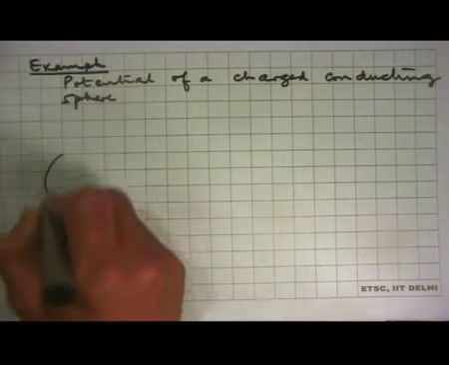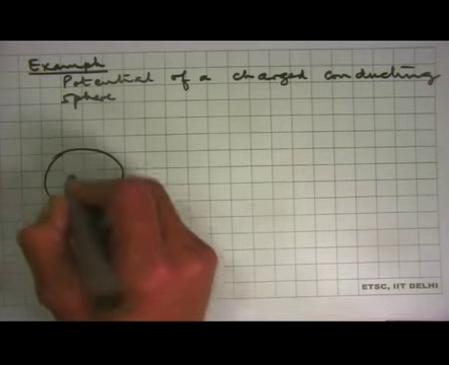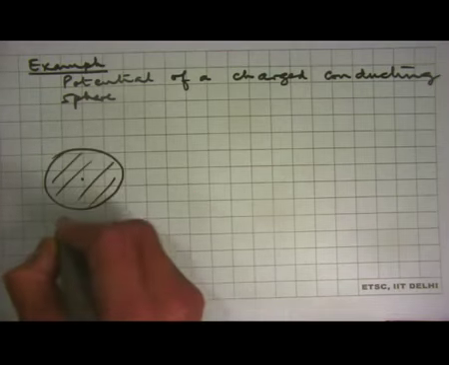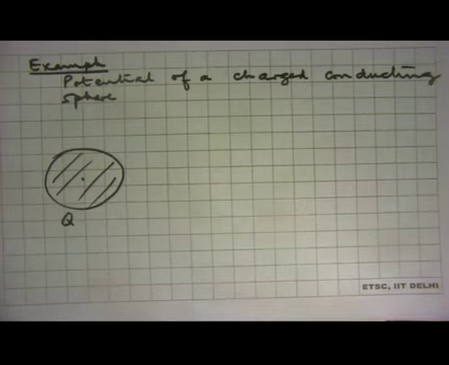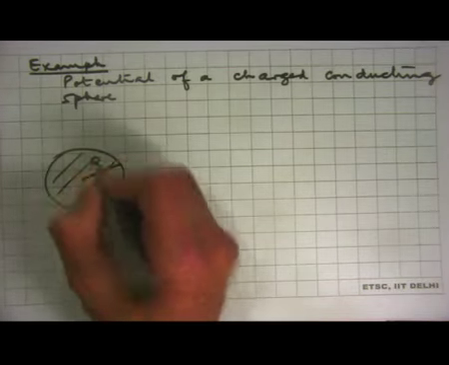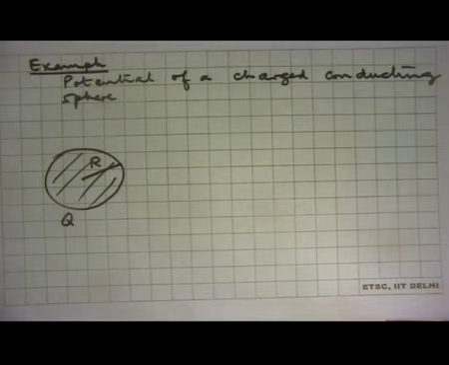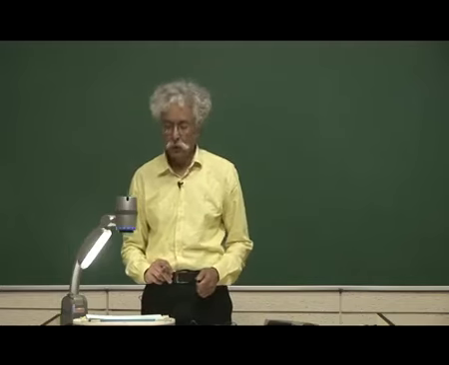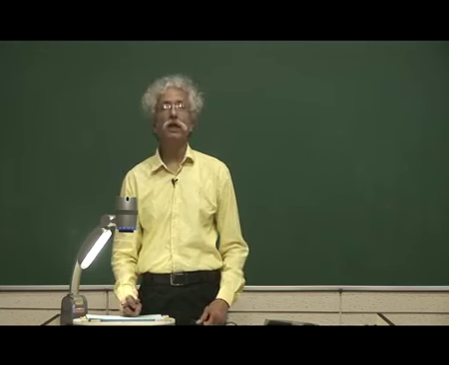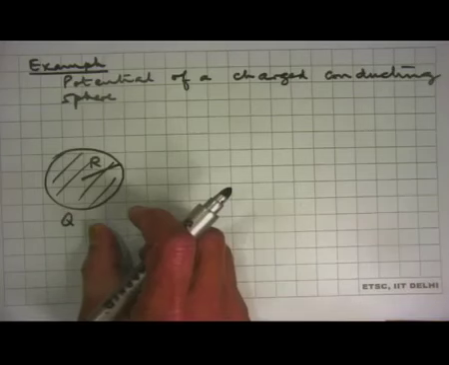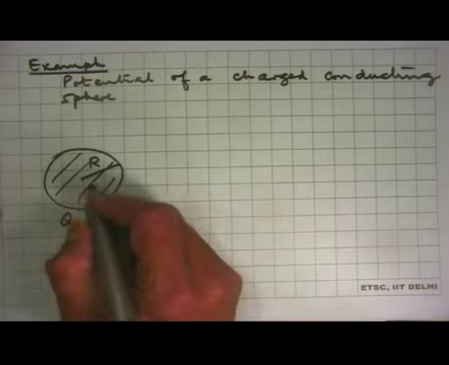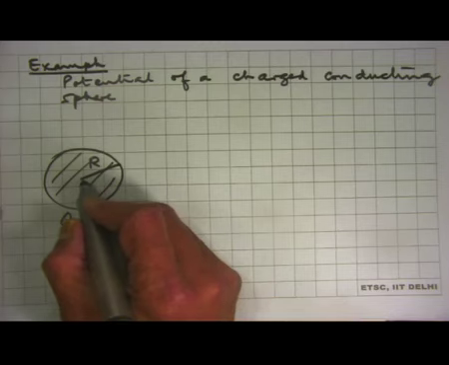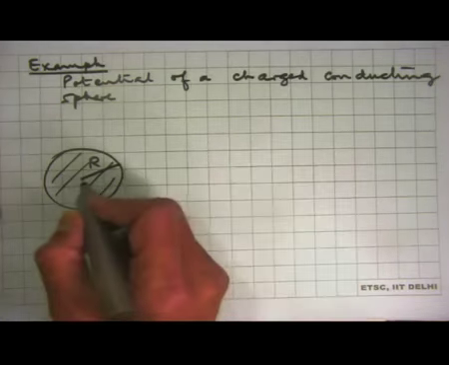I have a sphere which is a conducting sphere, and it has an excess charge q put on it, and let R be the radius of the conductor. We have actually shown before that the electric field produced by a charged conducting sphere is the same as if the entire charge was situated at the center of the sphere, as far as outside regions are concerned.